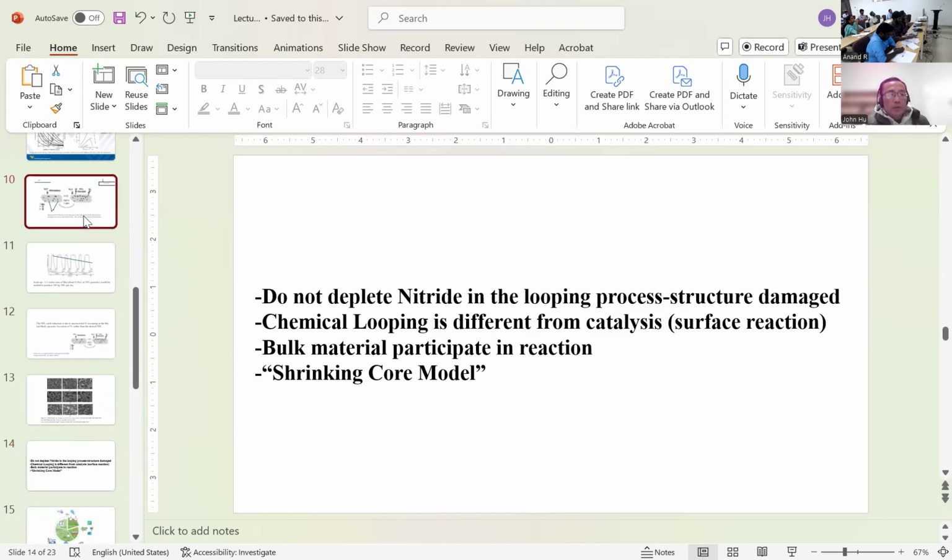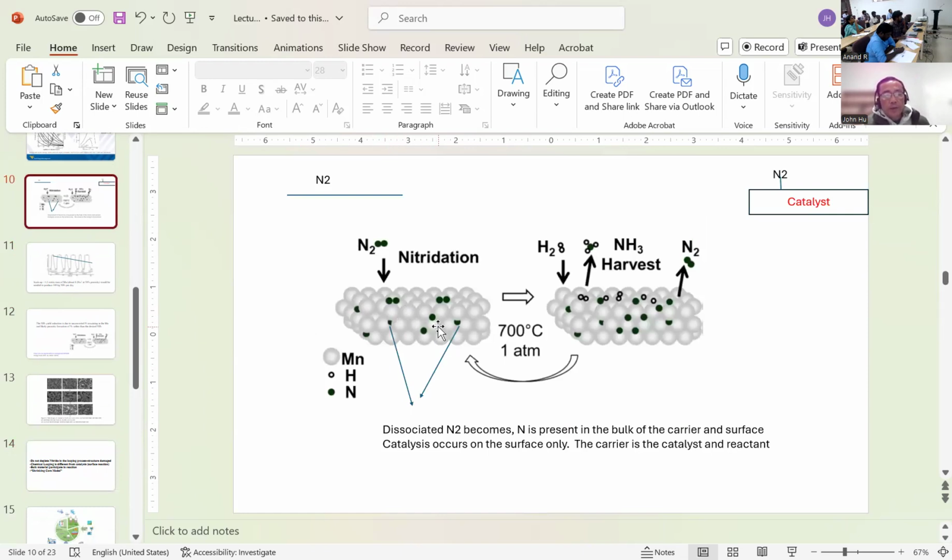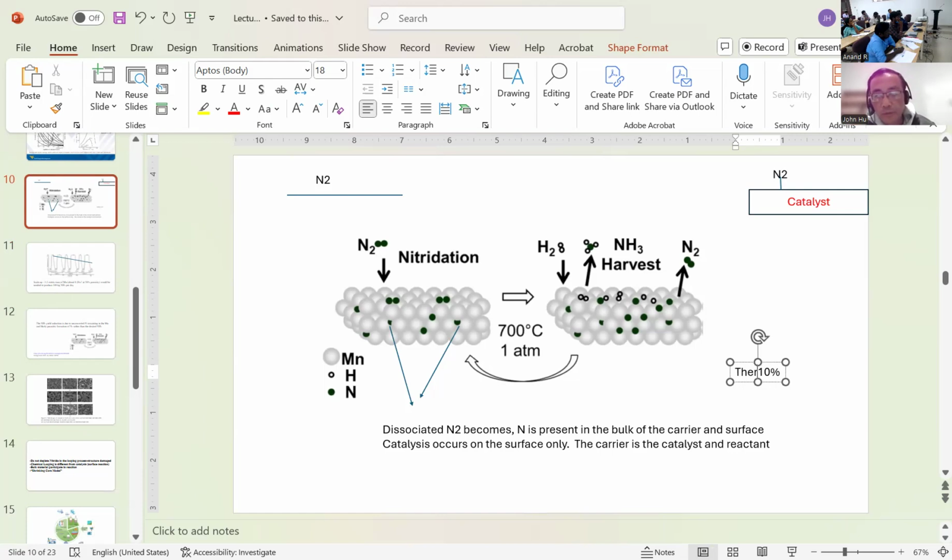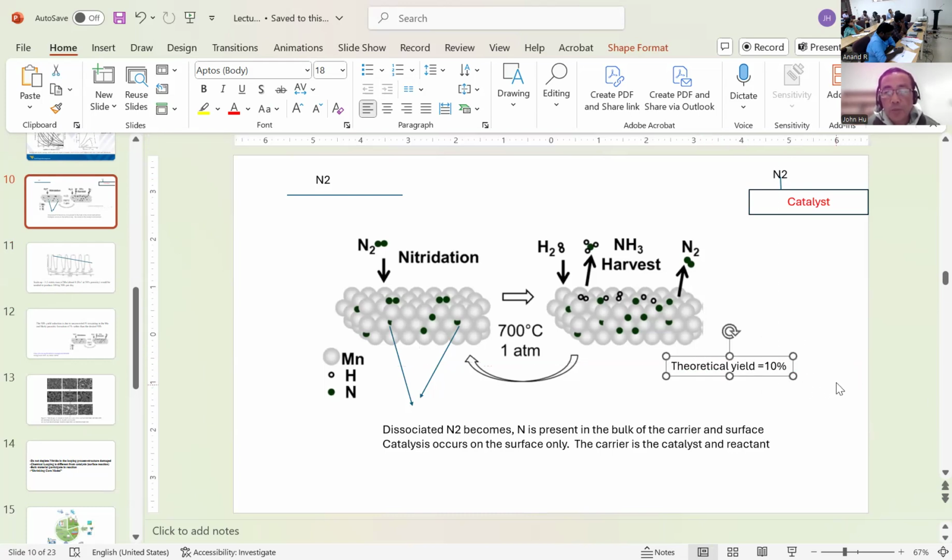So let's go back here. Let's say you have a nitride, okay? So if you put a nitride in here, and then if you deplete all this nitride, okay, look at my circle. You deplete all this nitride in the bulk from ammonia. Let's say I made it up, okay? So let's say the equivalent to 10%. So when all this comes out, I would say theoretical yield equals 10%, okay?